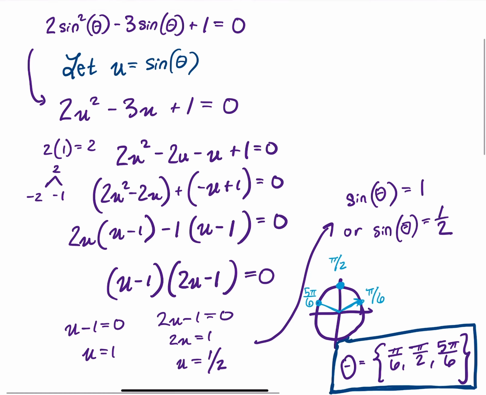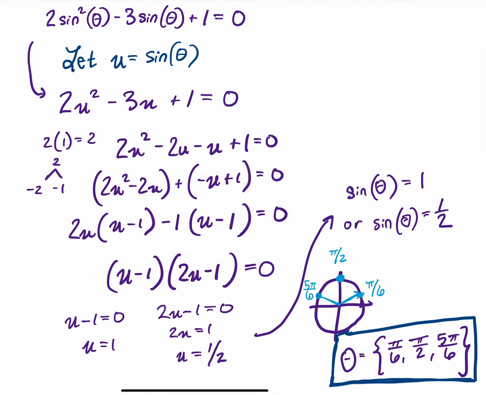So this was a trigonometric equation in quadratic form, and that would be the first thing to recognize. We have something squared and then something to the first power, like ax squared plus bx plus c equals 0.